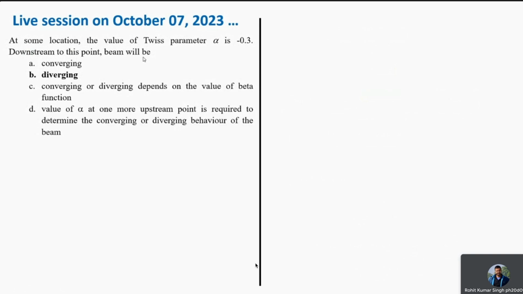The beam size is represented by the square root of emittance times beta, so if beta is increasing, the beam size is increasing, which means it is a diverging beam. So a negative alpha shows you a diverging beam, and a positive alpha shows you a converging beam.